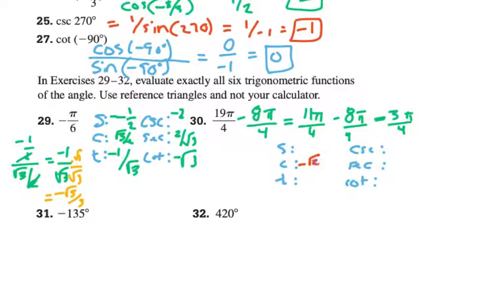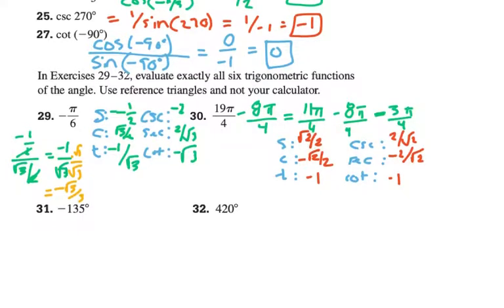Meaning if we put one over the other, they're the same thing, but one of them's a negative, so that's tangent, -1. Cosecant is the flip, so 2 over the square root of 2, and then -2 over the square root of 2 for secant. And then cotangent is going to be the flip of -1, so -1.